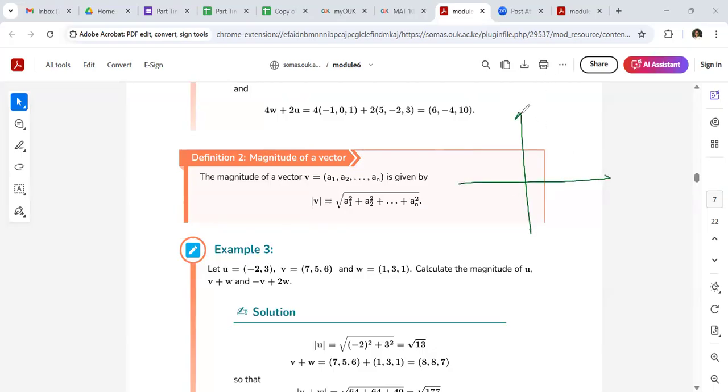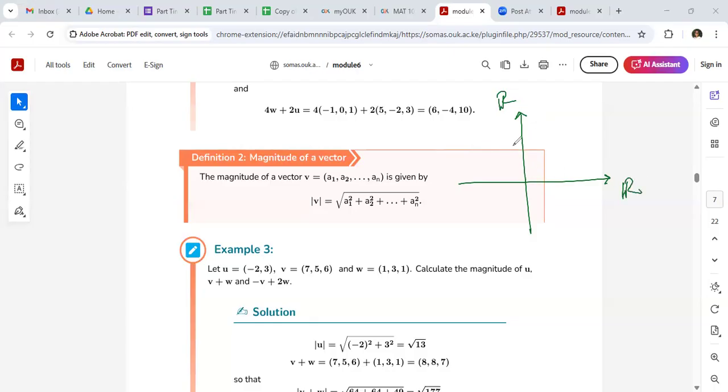So if, for example, I take R2, it's normally easier to represent by R2, and then you can generalize to the entire space. So this is R2.